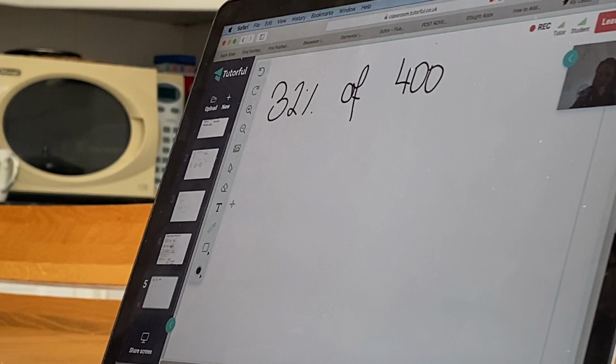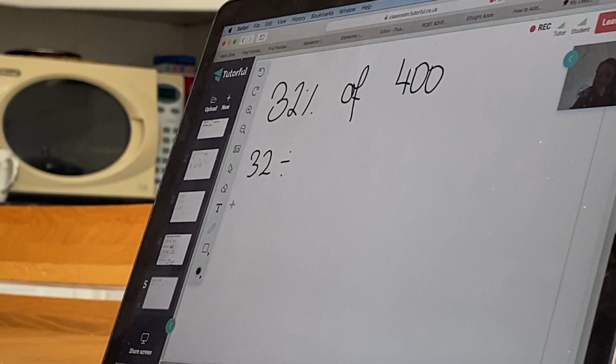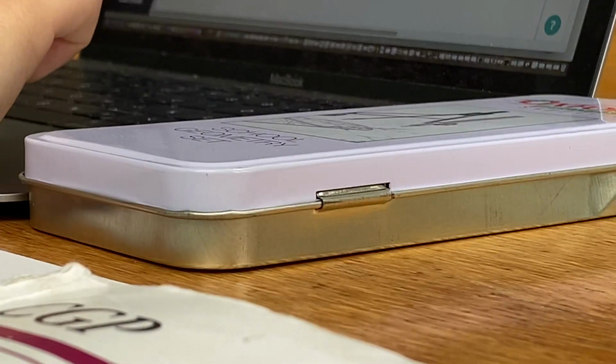So we divide 32 by 100, so we're turning it from a percentage into a decimal.